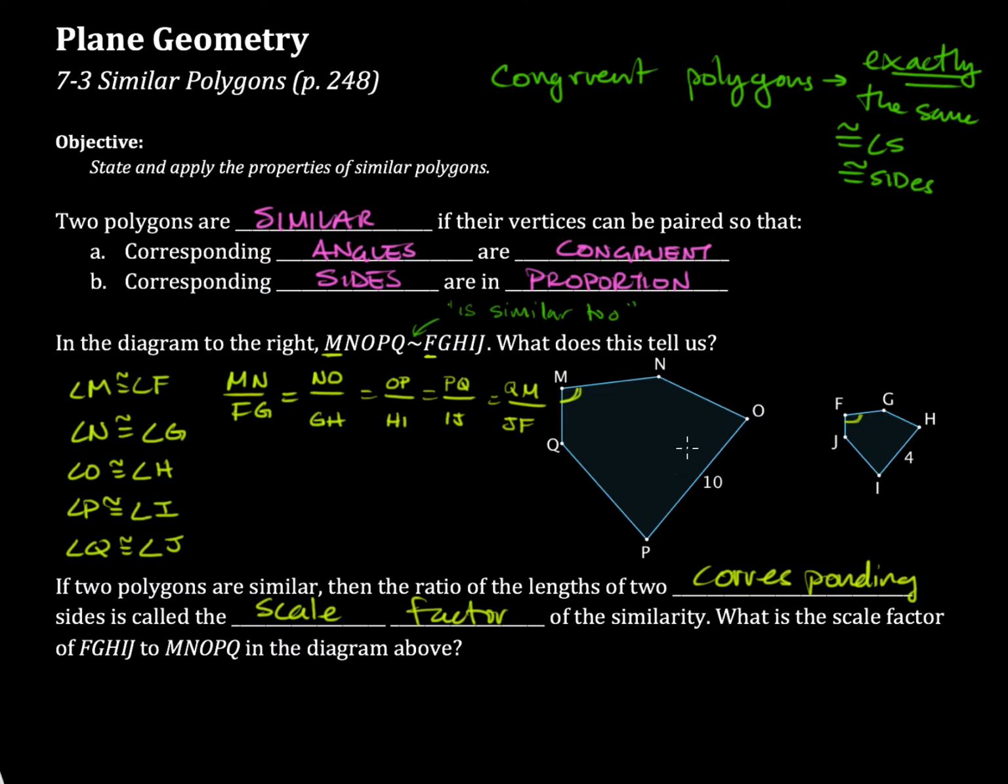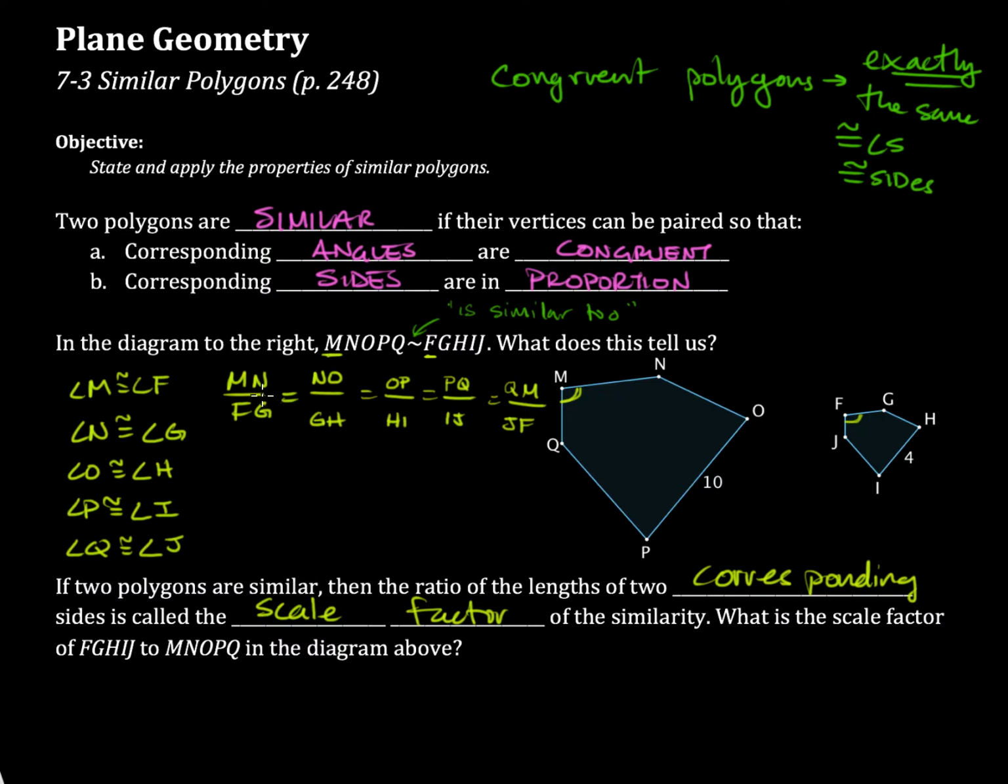What is the scale factor of this one? Well, if I take any one of these ratios, and remember, they're all equal, so it doesn't matter which one I pick, and simplify it if possible, the result is my scale factor between the two similar figures.